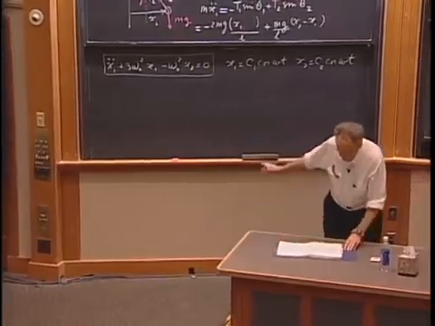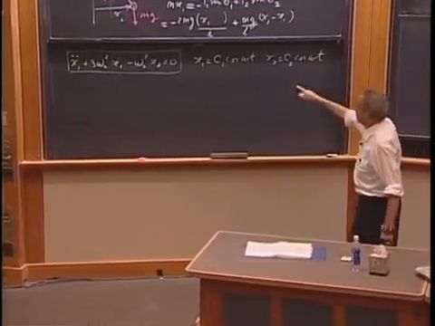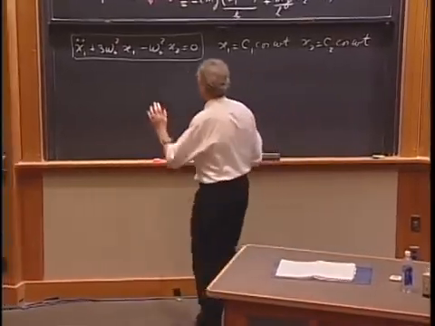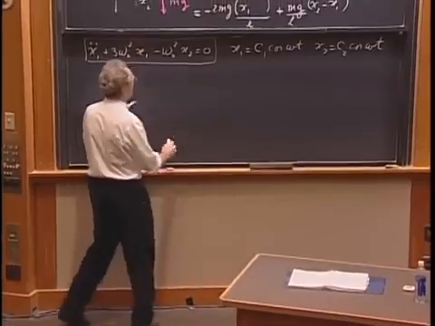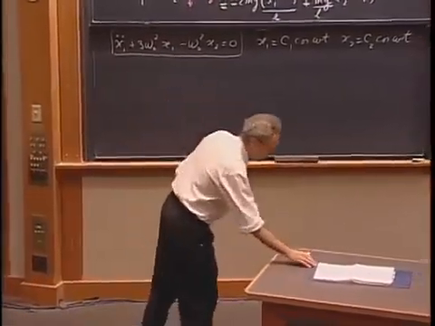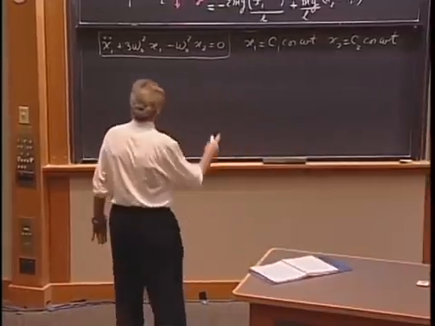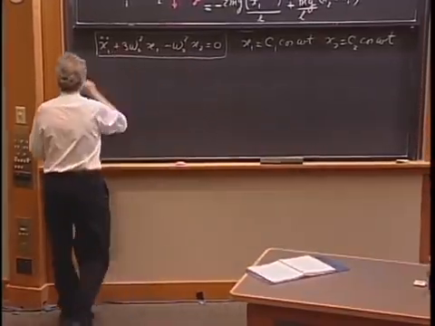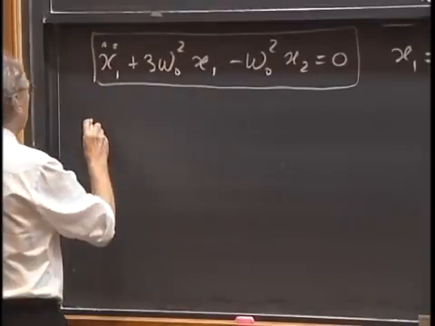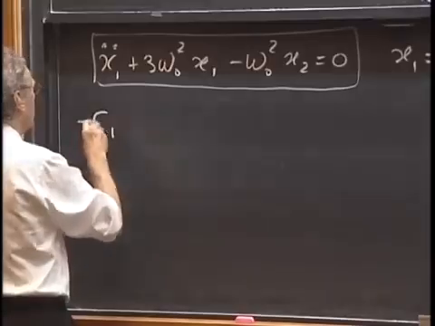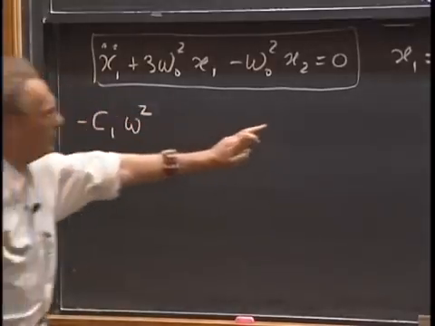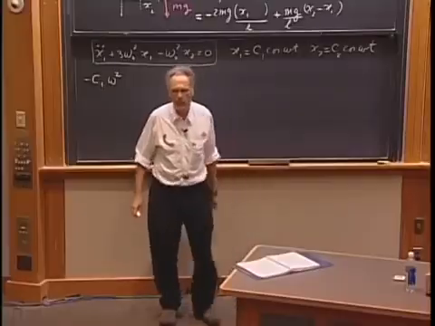So now we're going to substitute this solution in these two differential equations, and I'm going to write it down in a form that I put the C1s to the left and the C2s to the right. I'm first going to this one, that is my object number 1. I take the second derivative, so I get C1 times minus omega squared, because the second derivative gives me a minus omega squared.